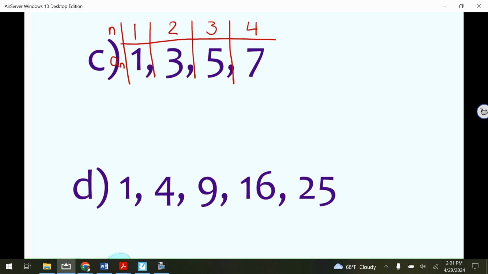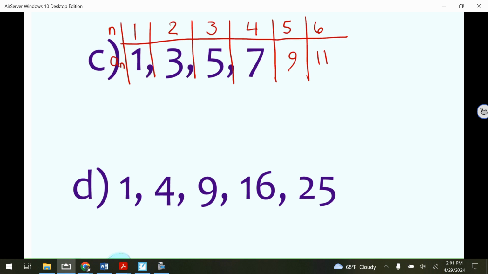So when I look at this, 1 is 1, 2 is 3, 3 is 5, 4 is 7. If I go 5, it's 9. If I go 6, it's 11.